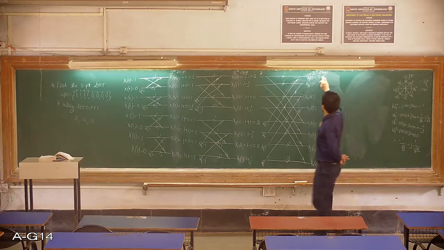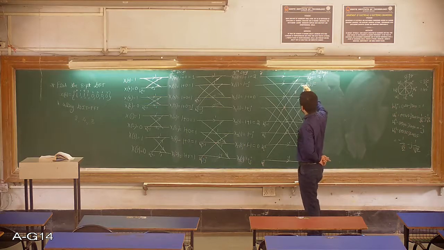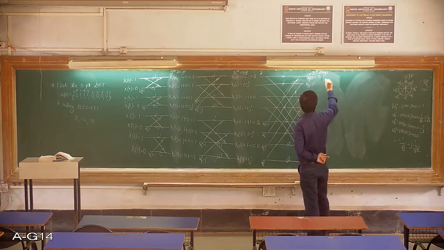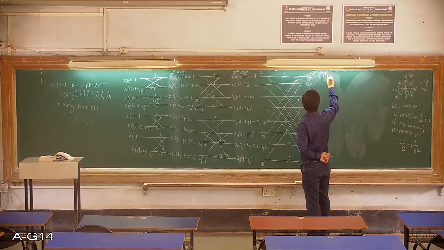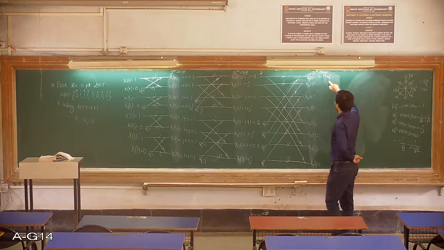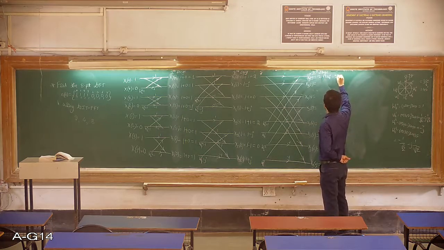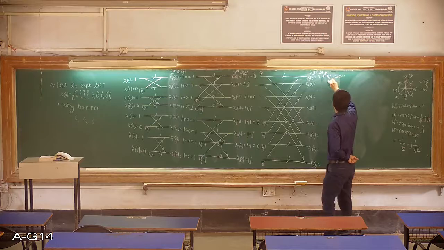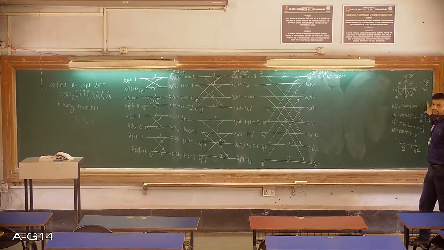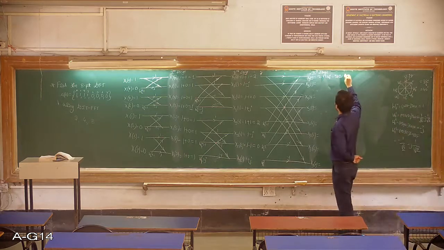So here 2 plus 2 into W8 of 0. W8 of 0 is 1. So 2 into 1 is 2, and 2 plus 2, we'll get here the value 4.